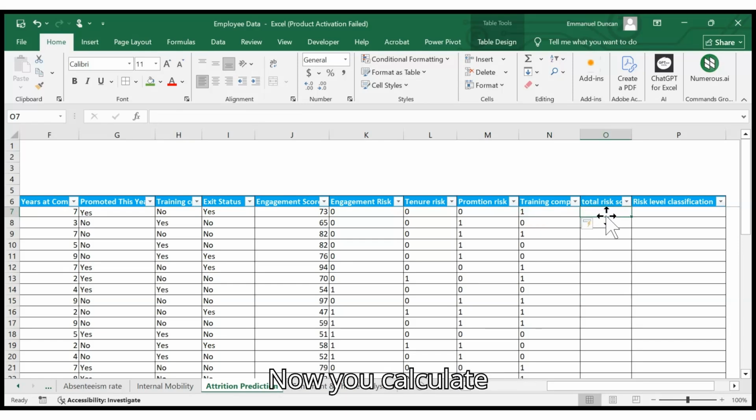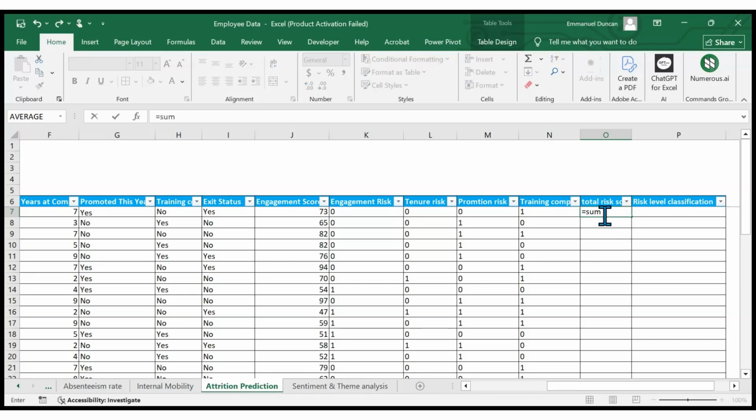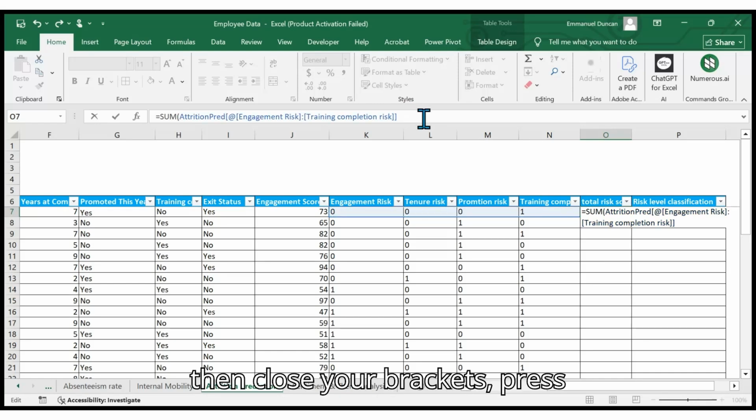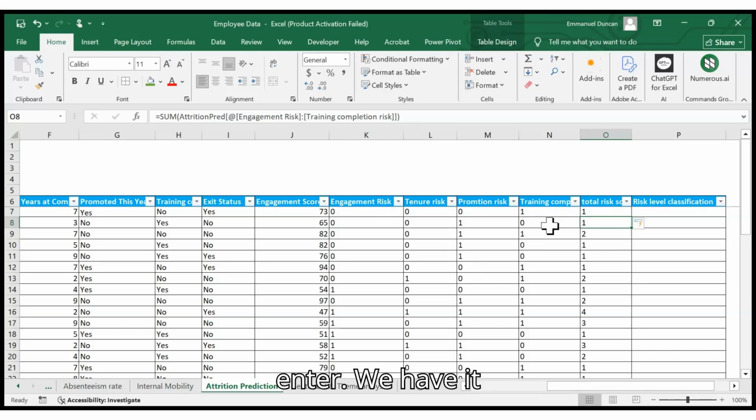Now, you calculate the total risk for each employee. Let's use the sum function. Then close your brackets, press enter. We have it being calculated.